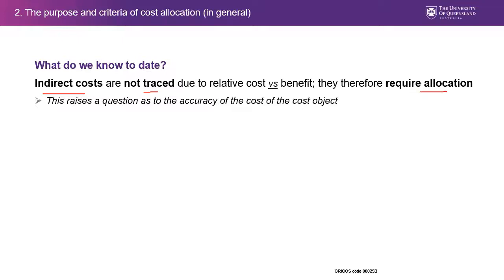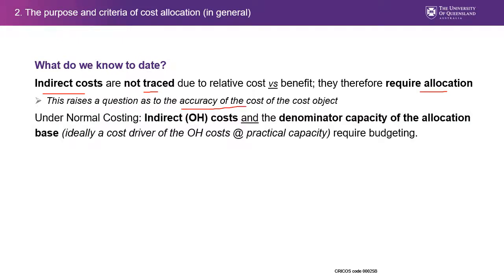This raises a question as to the accuracy of the cost of the cost object. Under normal costing, remember, we use actual direct materials, actual direct labour, but our indirect costs and the denominator capacity of allocation base are budgeted.